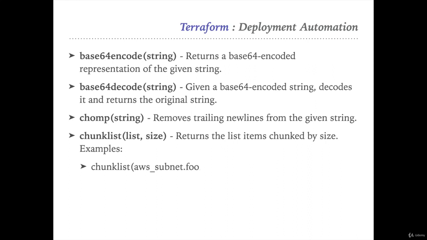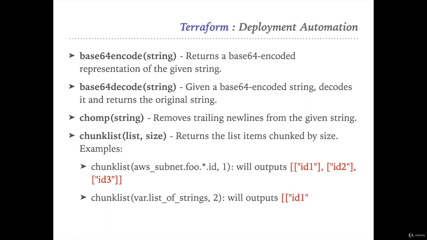For example, suppose we have chunklist with AWS subnet IDs and we provide a size of 1. Then the output will be a list that contains lists itself. If there are 3 subnets, this will return id1 as one list, id2 as another list, and id3 as another list.